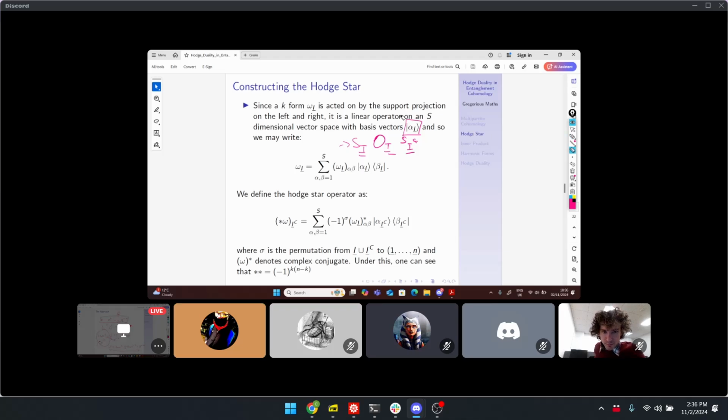And so if it's a linear operator on a space with basis vectors I alpha, then we can write it in this form, where these omega alpha betas are the coefficients of some matrix of this form.